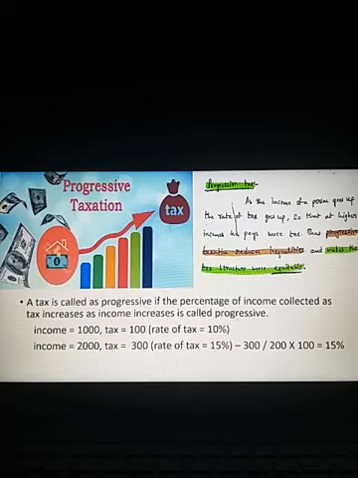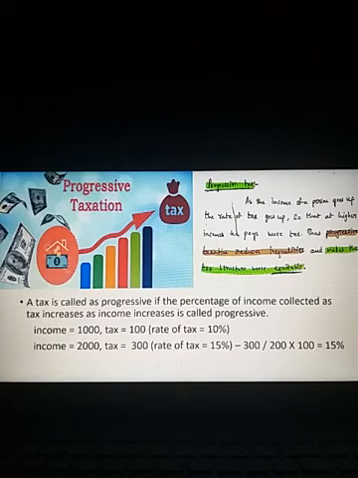It is called progressive. For example, if the income of an individual is rupees 1000 and further assume the rate of tax is 10%, then he has to pay tax of rupees 100. Supposing, assume that his income doubles.